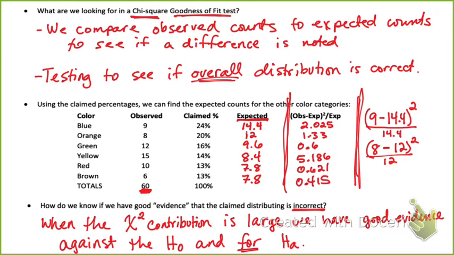Something is off. Now, obviously, we can tell that yellow is off, all right? But is it off by enough that we would say the whole distribution is wrong?